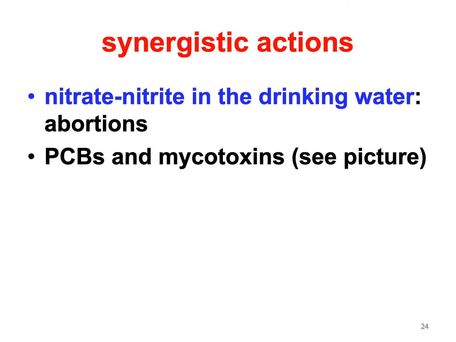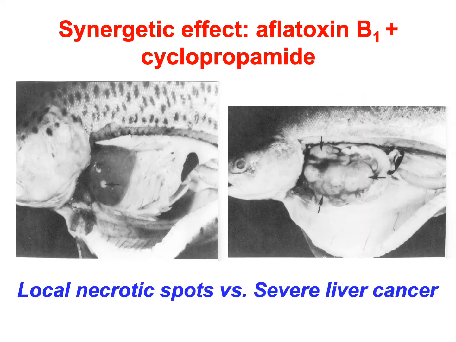For example, if you have a higher nitrate level in the drinking water plus mycotoxins, or you have PCBs and mycotoxins in a relatively low concentration in the drinking water, you can get this synergistic action. It will be demonstrated in a fish model.